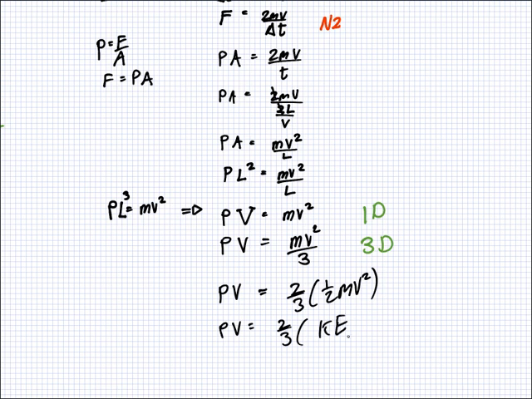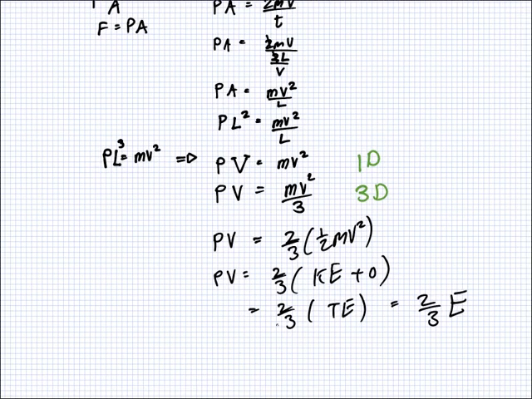What's the potential energy here? Well, remember we said there's no gravity, so it's actually 0. So we can say it's 2 over 3 kinetic plus potential, so it's actually the total energy, because the only energy it has is kinetic. So this is 2 over 3 times the energy.